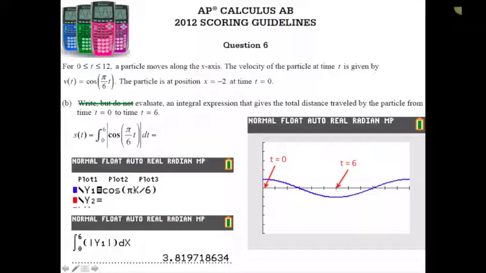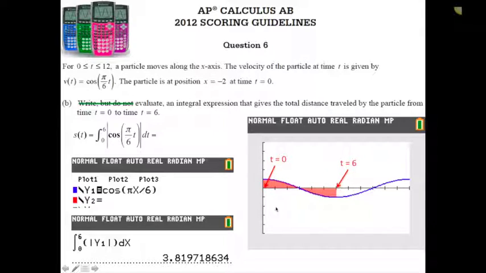I always encourage putting the function into y1 and using your vars key to set up any f-ints or n-derivs. So I'm using my vars key here to get y1. I'm integrating from 0 to 6 my function y1, and I get 3.8197.